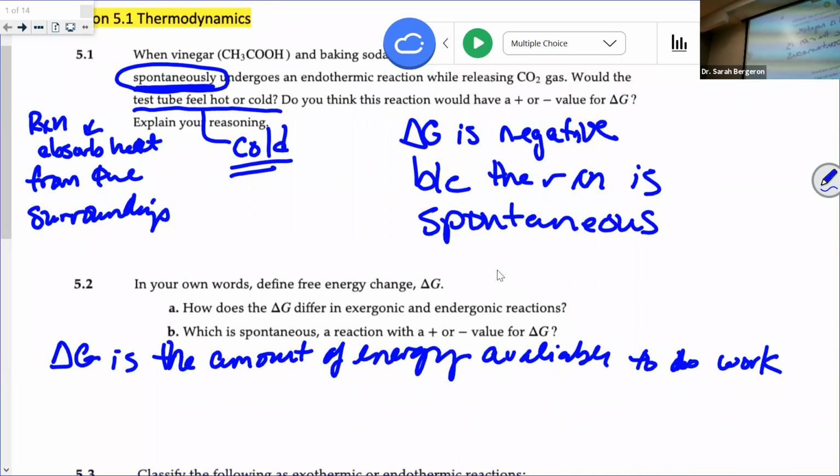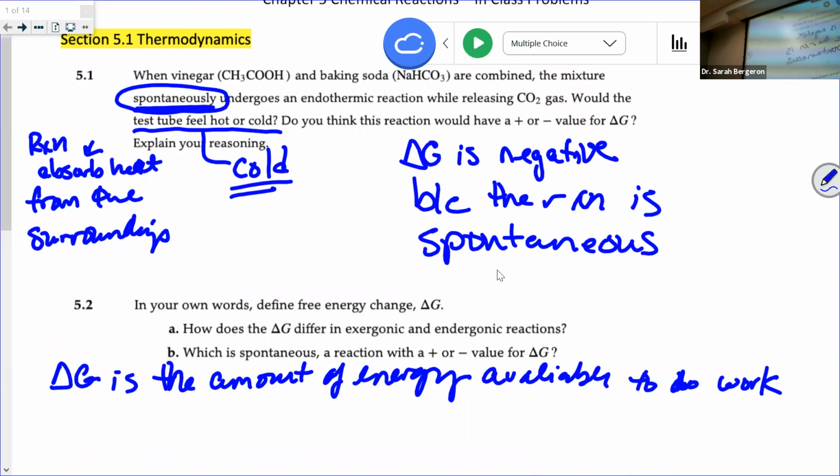Okay, now I want to draw your attention to something. In A, we're asking, how does delta G differ in exergonic and endergonic reactions? Are exergonic and endergonic the same thing as endothermic and exothermic? No, because in the first one, we have an endothermic reaction that's spontaneous, right?